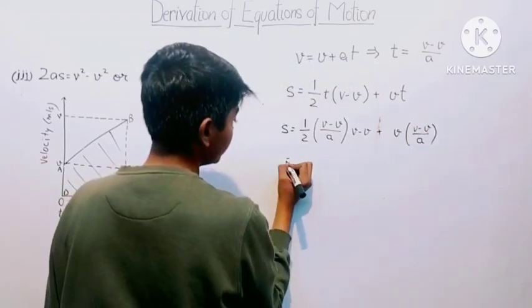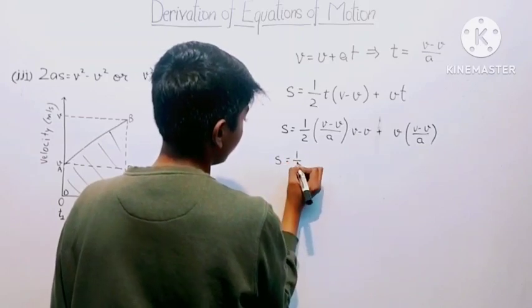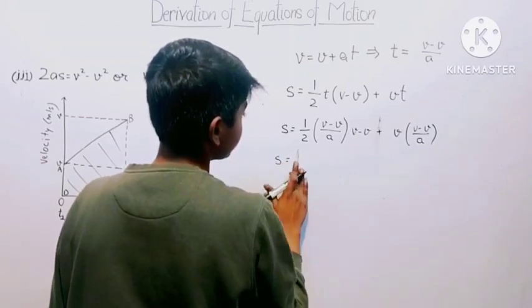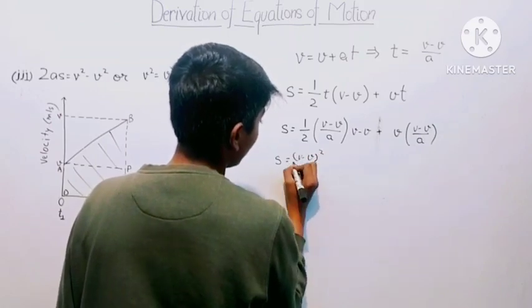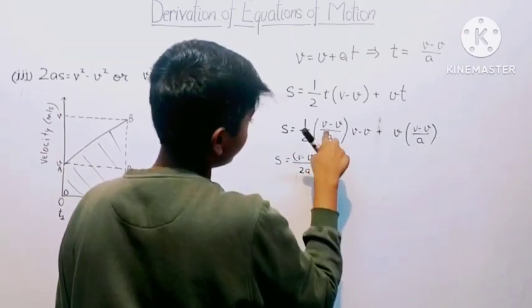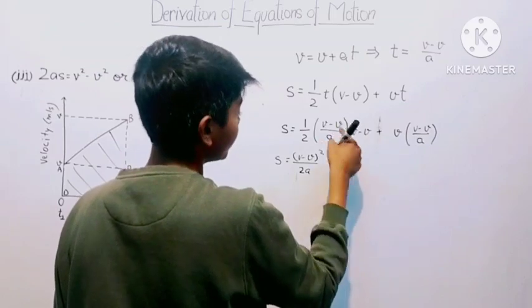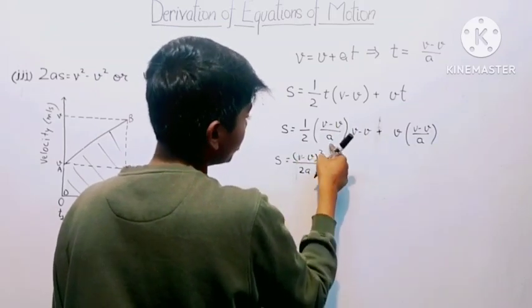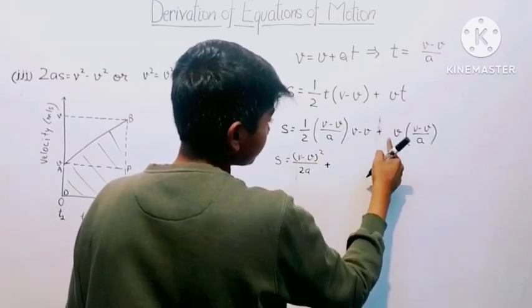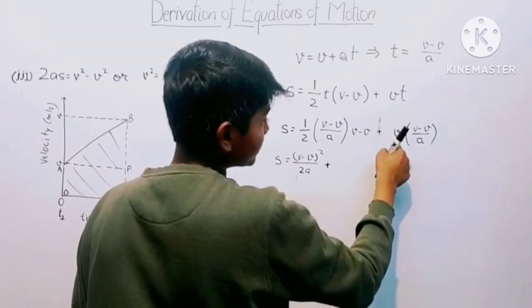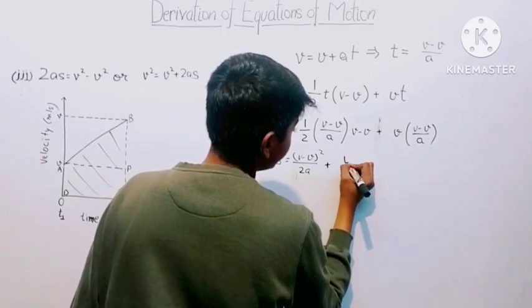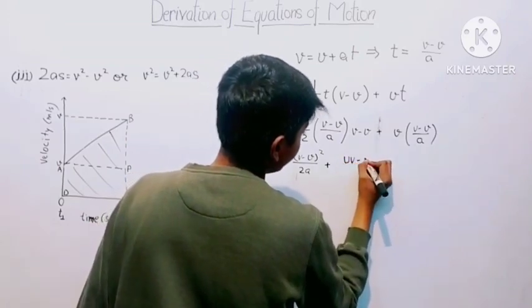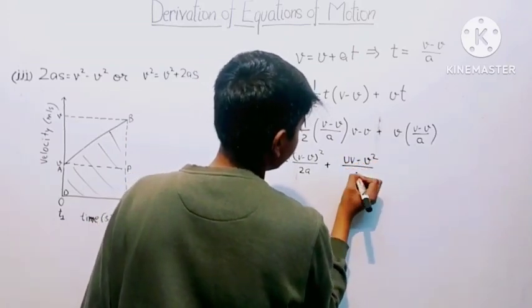So now we will get s is equal to 1 by 2 into (v minus u) the whole square upon a... that is, (v minus u) the whole square upon 2a, because we are multiplying v minus u with v minus u, plus u, and in this case we will be multiplying u with v as well as u, so we will get (uv minus u square) upon a.